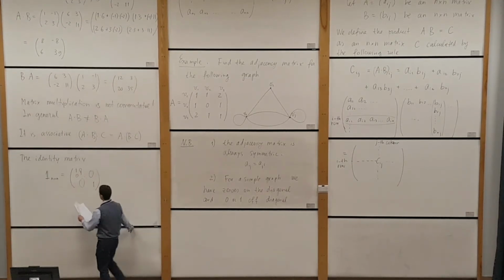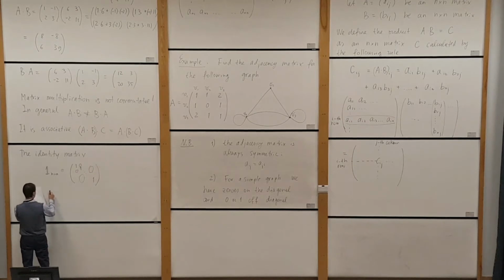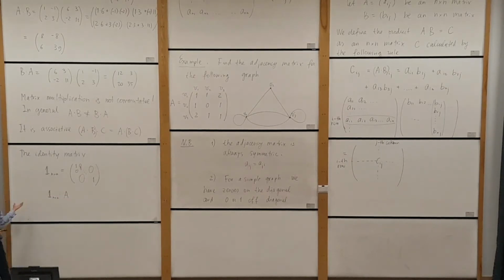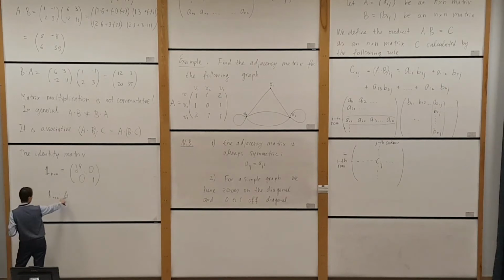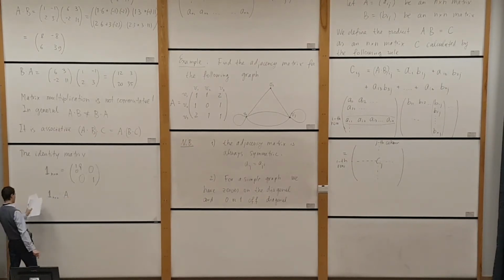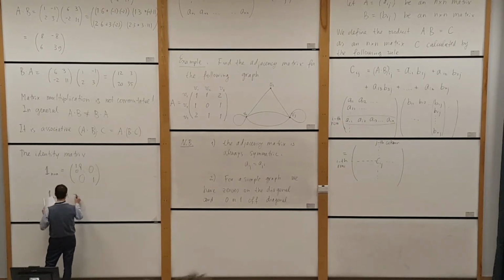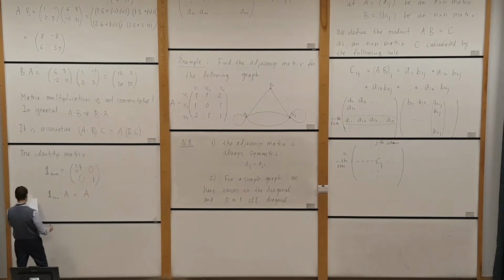And it has the same properties as number 1. So again, the dimensions of the matrices, when I multiply them, should be the same. So if I take an n by n matrix A and multiply it on the left by this identity matrix, then nothing changes. I get A. You can do the same on the right.